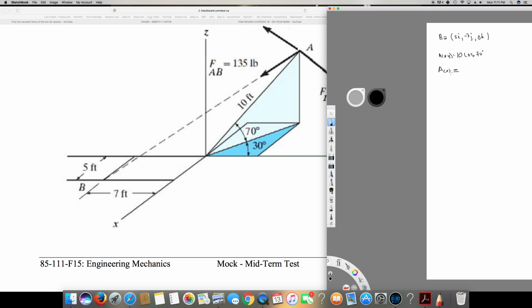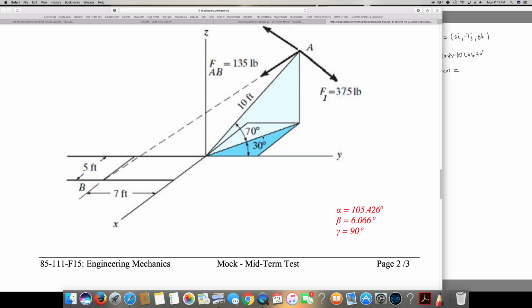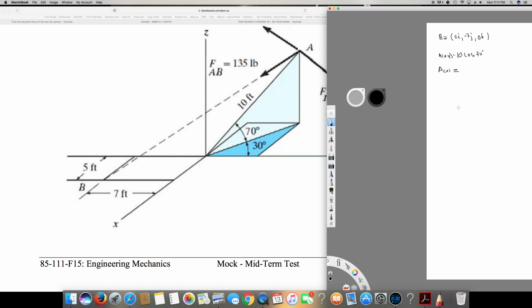The AX component is the projection times, if you see the X component is on this other side. Therefore with this 30 degrees, if I shrink along the y-axis it's going to be cos 30, but for the x-axis it's the opposite direction, so I have to take sine 30. So it's going to be 10 cos 70 sine 30, that is AXY sine 30.